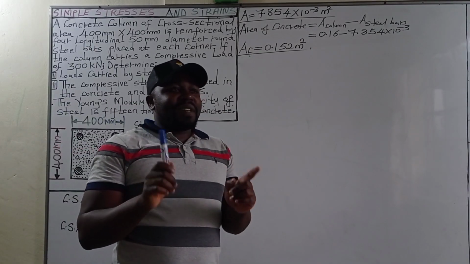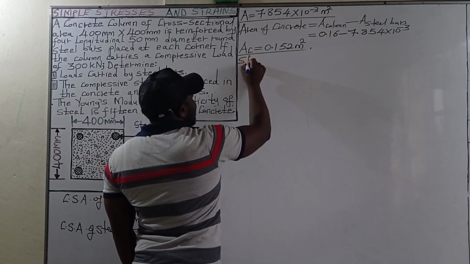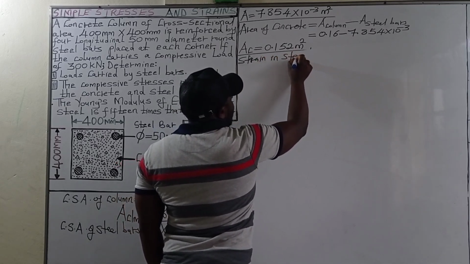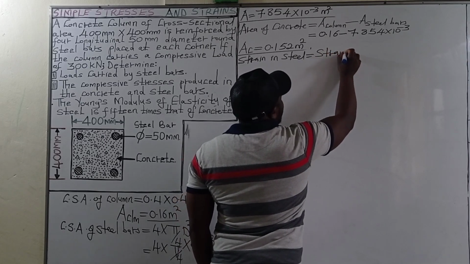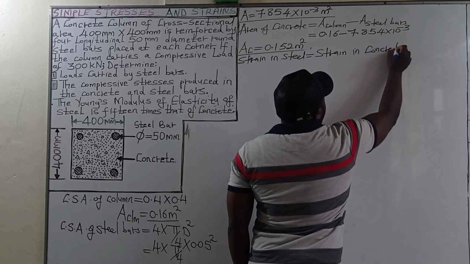Now, from compatibility equations, we know that the strain in steel bars is equal to the strain in concrete.